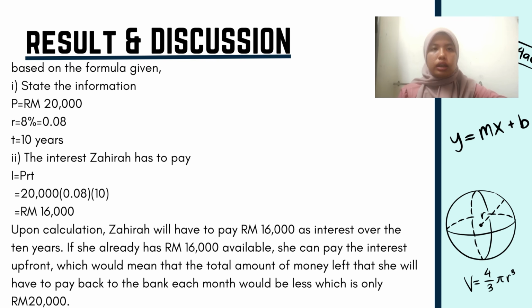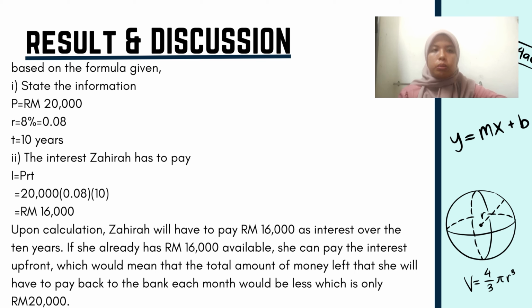Next, for the result and discussion. Firstly, we should state the information from the problem statement. From the problem statement, we should find P, R and T. P is principal, R is rate of interest, T is period of investment.